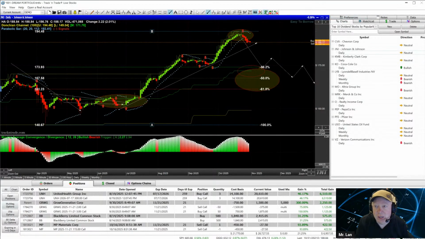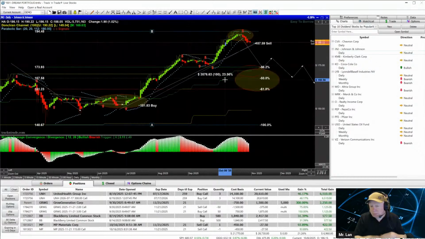Let's do our little dollar calculator here on Johnson & Johnson. From there to there, that would have been 100 shares, which would have been $15,000 roughly. $15,000 over a 6-month period. 1, 2, 3, 4, not even a full 6 months, just 4 months. You'd have made 23%. So that's $3,576 in that 23% return.